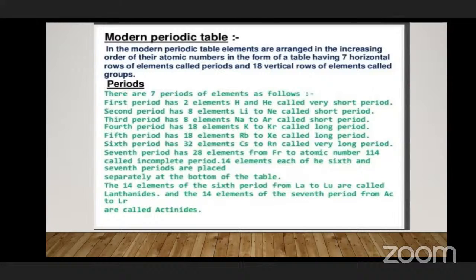Now, let's have a complete idea regarding the periods. Children, we already know how many periods we have in the periodic table proposed by Moseley: 7 periods. The first period has 2 elements, hydrogen and helium, and is called the very short period.